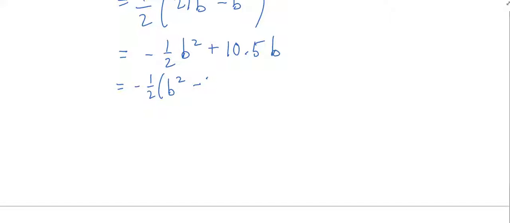So it's going to be minus 21b, because it's negative 1/2. To complete the square, what do we do? We take 1/2 of 21, so divide by 2, and then square that. Again, I'm doing that all on my calculator. So I got plus 110.25 minus 110.25.